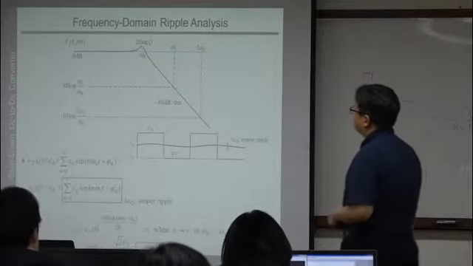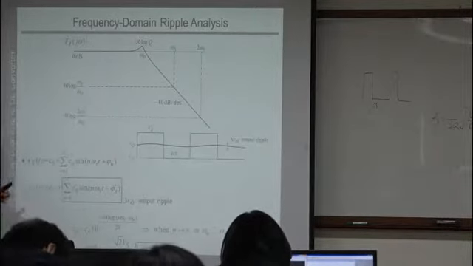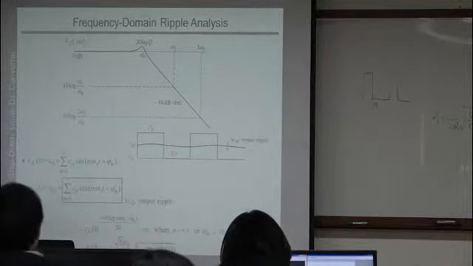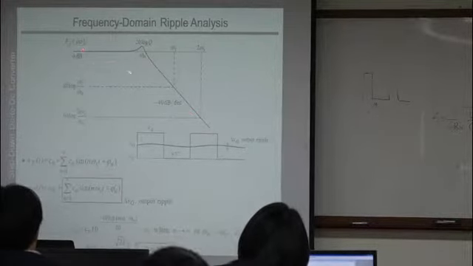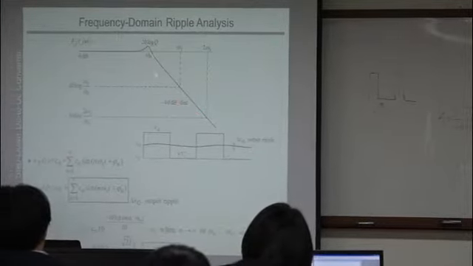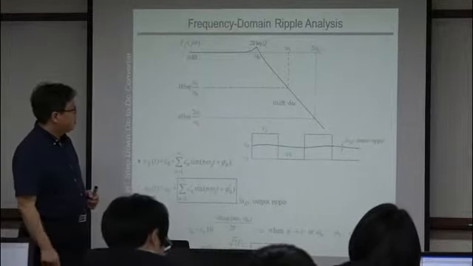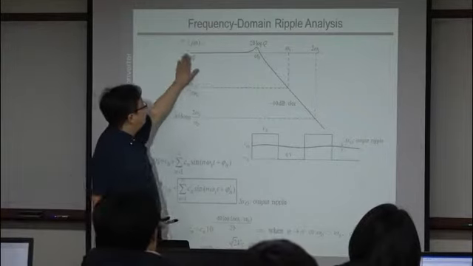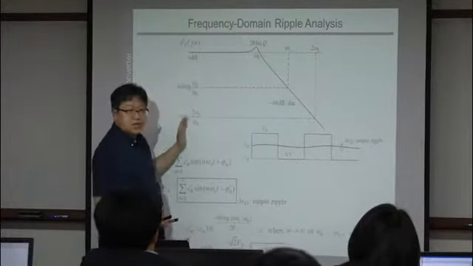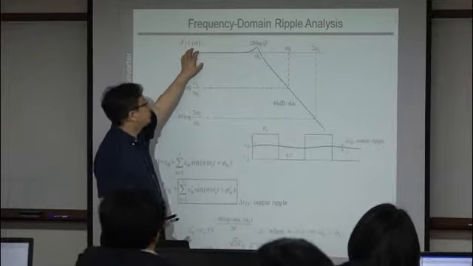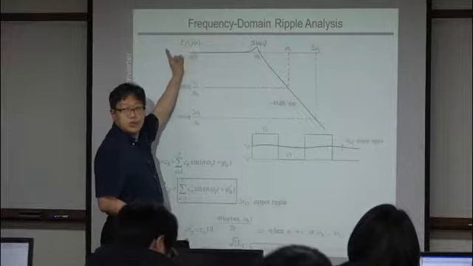Since that is a second order low pass filter, you have this kind of Bode plot here. Its slope is minus 40 dB per decade. Then this area is 0 hertz, that is the DC signal. So in that case, your output is just 0 dB, it means your absolute value is 1, right?